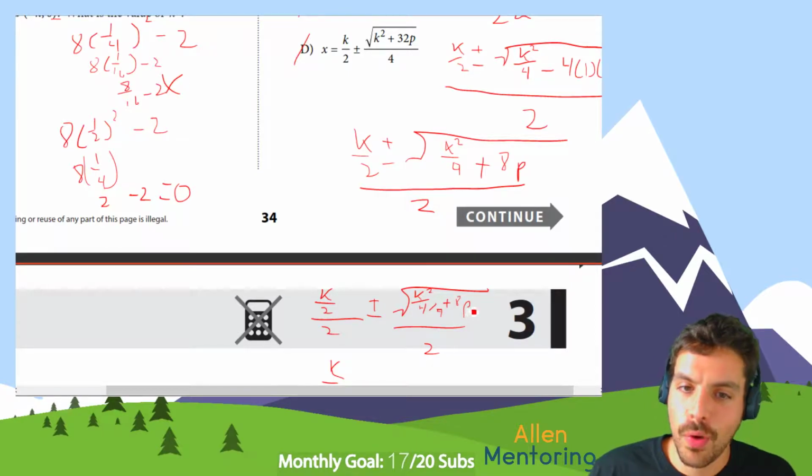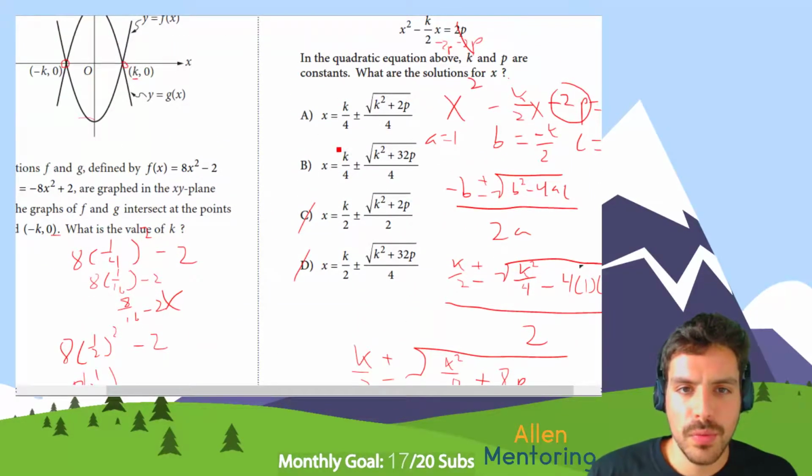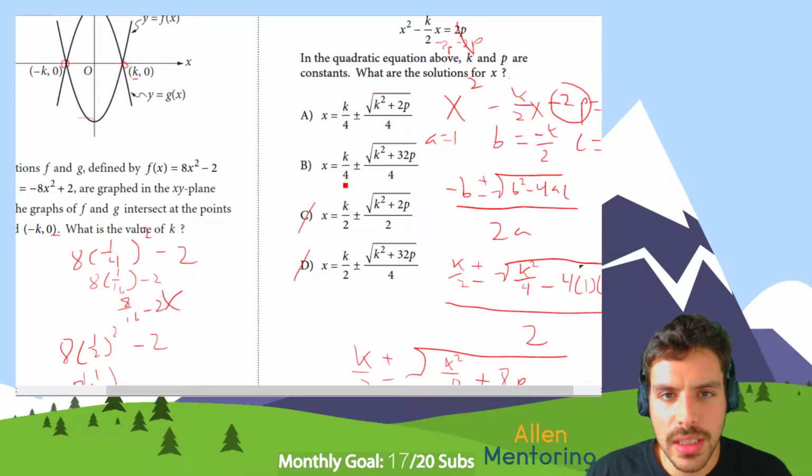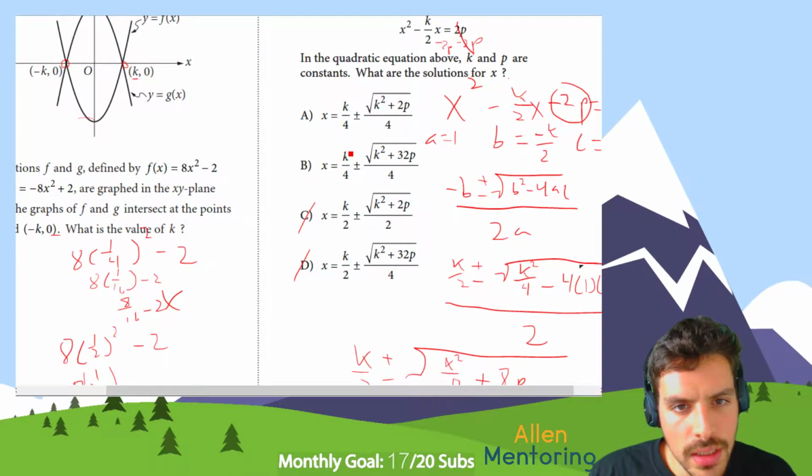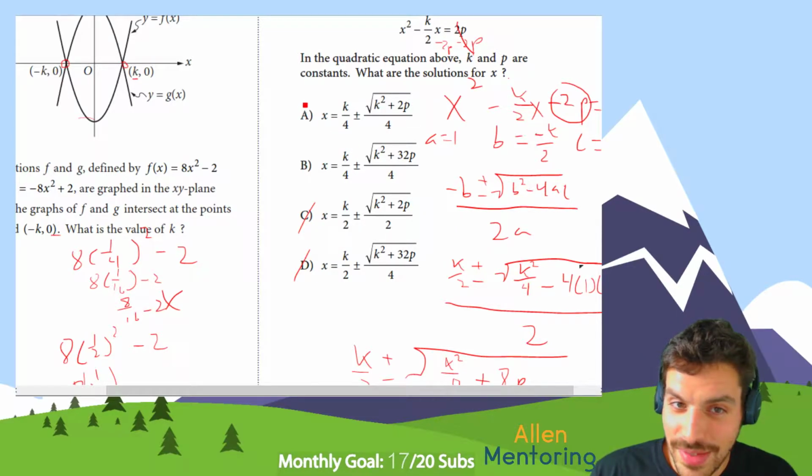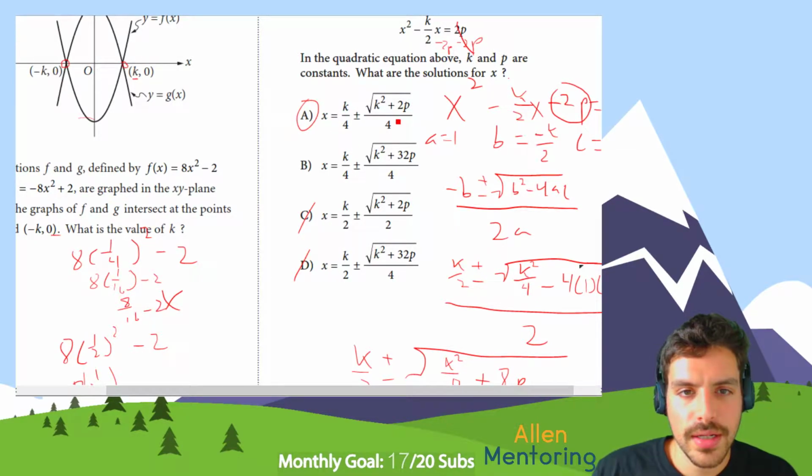So this gets divided by 4 as well. This is divided by 4, and that's divided by 4. And so we see that in the end, our answer here is, I believe, A. Because we have 8p divided by 4.